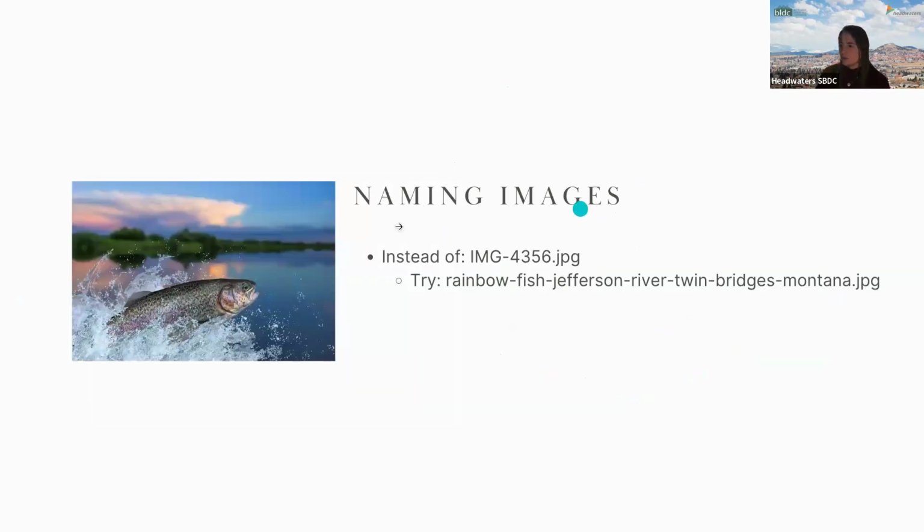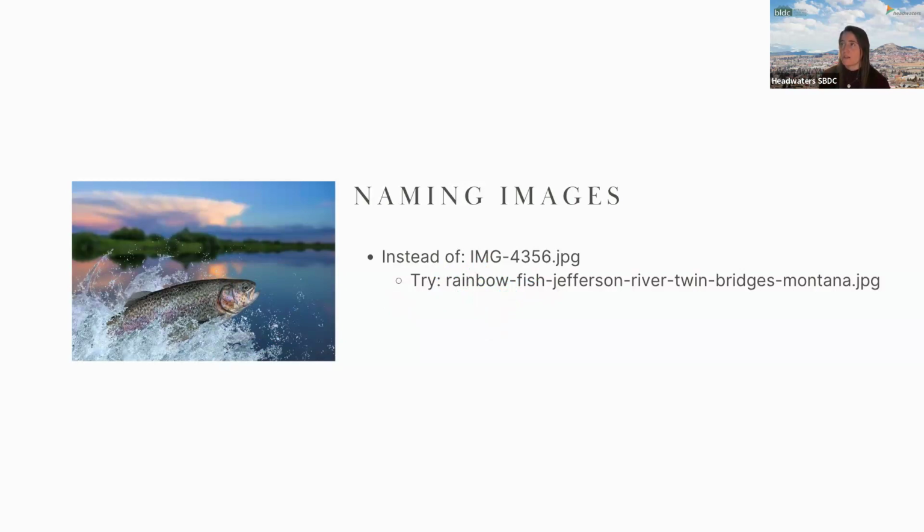And then the same goes for images, right? Beautiful picture of a fish. Someone's screen reader could read image 4356.jpg. We want to help the screen reader out. The best way that I was taught is instead of making it all one word, and instead of using an underscore in between the words, to use a dash, and that actually gets boosted higher.